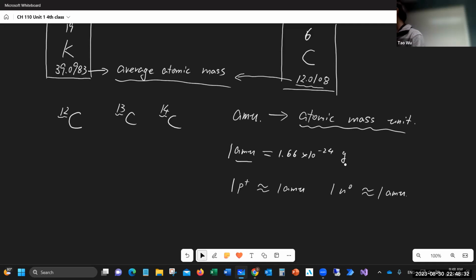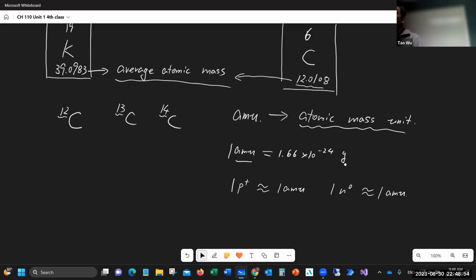So if you have one proton, you know the mass is 1 AMU. You have 10 protons, you know the mass is 10 AMU, right? If you have a mass number of 20, which means 20 protons plus neutrons, then you know this is about 20 AMU. Are you with me?